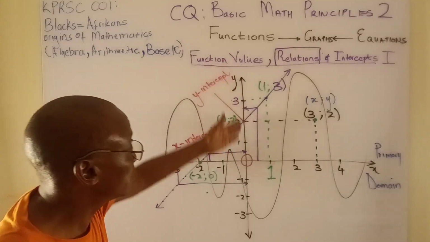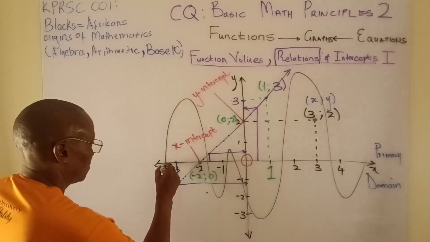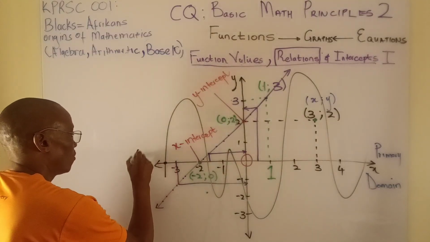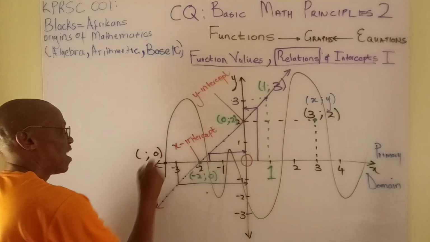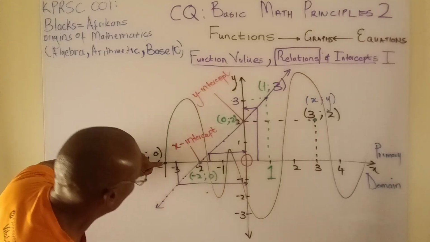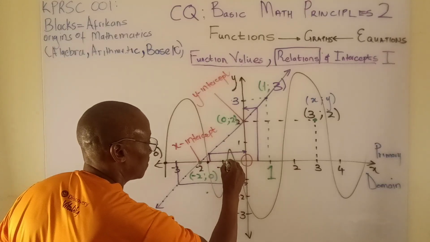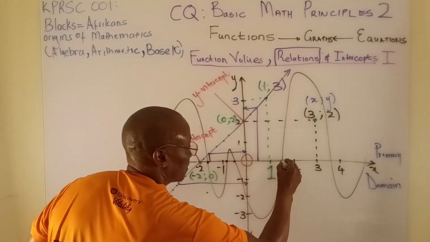It's happening at x equals 0. These are my x-intercepts. These guys. And all of them have got the value of y equals 0. Whatever the x is, here it could be whatever this value of x is. These are the x-intercepts.